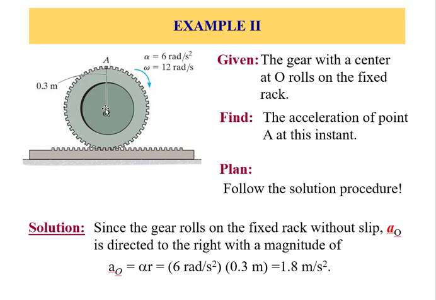That's going to give us a tangential component, AO, which is 6 by 0.3 in the i direction, and it's obvious if x is positive to the right. So we know AO, as seen here, and that's in i.